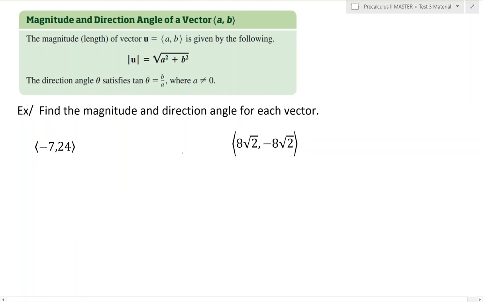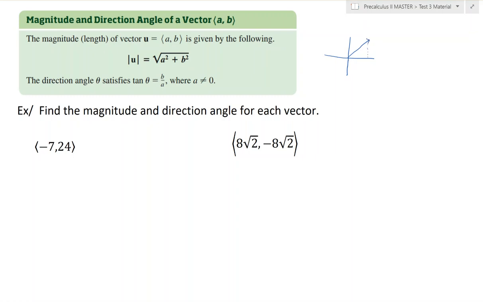The magnitude and direction angle of a vector ⟨a, b⟩. So our magnitude is given by this formula. The same notation as before. The magnitude of vector U is equal to the square root of a squared plus b squared. And you can imagine why that would be the case if we're starting here and our vector goes as such.